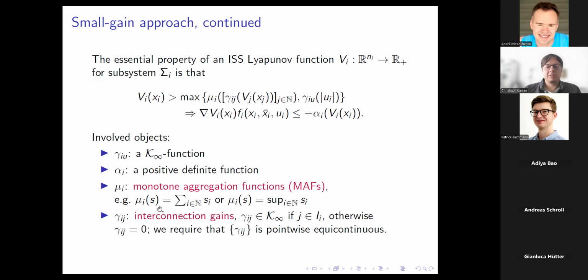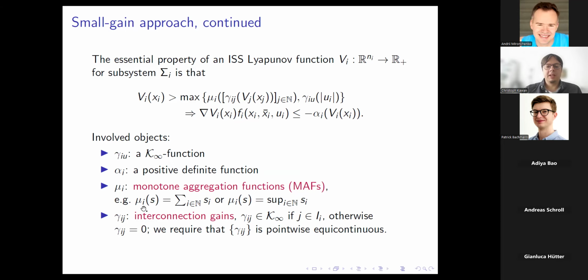Right, so these are the interconnection gains, and then we also have the mu_i, which we call monotone aggregation functions. I will define precisely what that is on the next slide, but here I only give two examples. It could be, for instance, a sum, or it also could be a supremum, but it can be a lot more things actually.